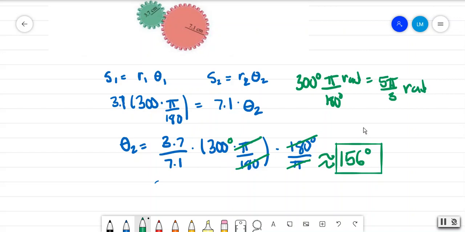But remember, if you're going to multiply this through, the algebra works itself out regardless.